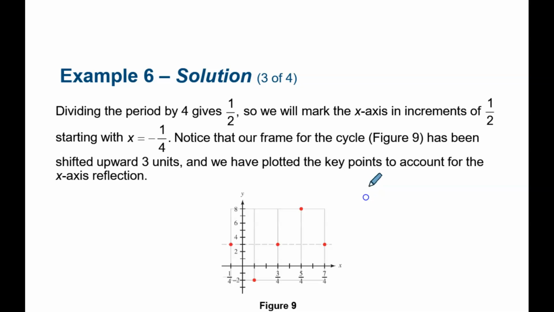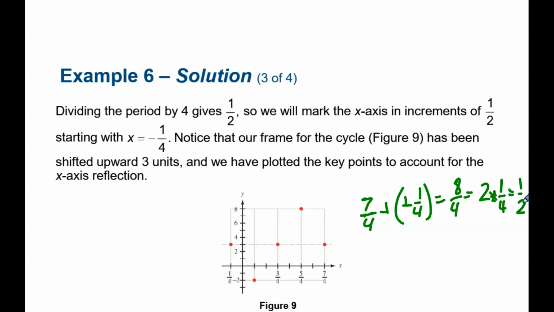So our cycle is from negative 1/4 to 7/4, and the difference, 7/4 minus negative 1/4, is equal to 8/4 or 2. Divided by 4, or times 1/4, this will give us 1/2.